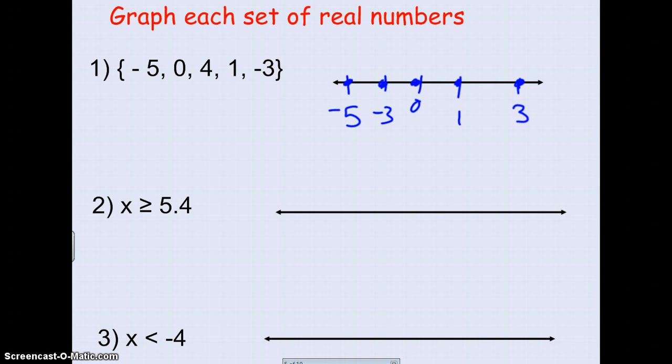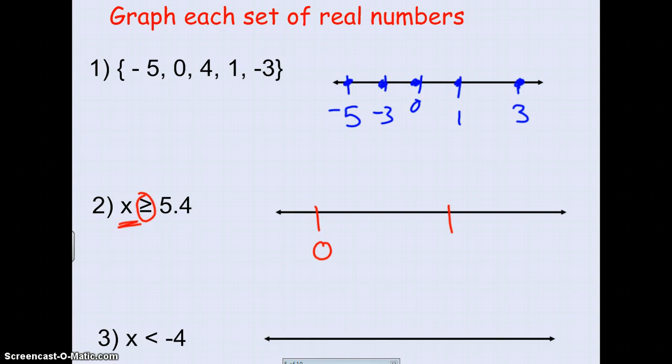Taking a look at graphing inequalities, in these examples I have the variable on the left side. Some of us have noticed that when we do that, the inequality sign tells us which way we should be graphing the answer. In this case, x is larger than or equal to 5.4.